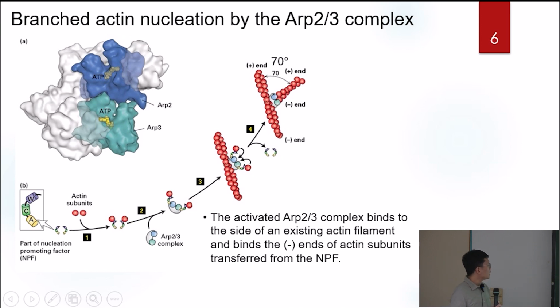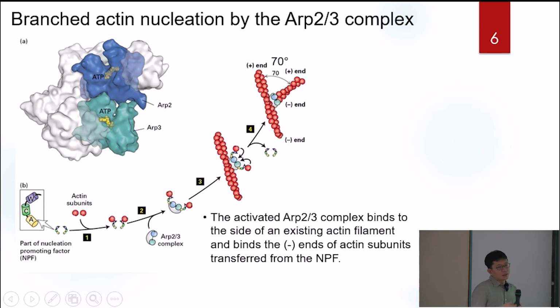Briefly, the actin can bind the NPF first, and then bind to the Arp2/3 complex. The whole complex will bind to the side of the actin filament. Then the actin on the NPF will transfer from the NPF to the Arp2/3 complex at the minus end, and then it will form the branches. The branches are at about 70 degrees.